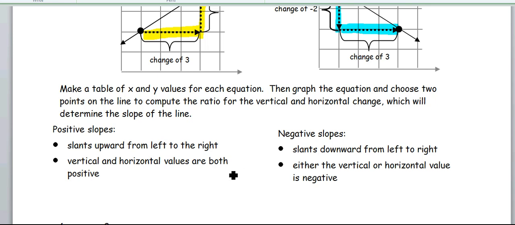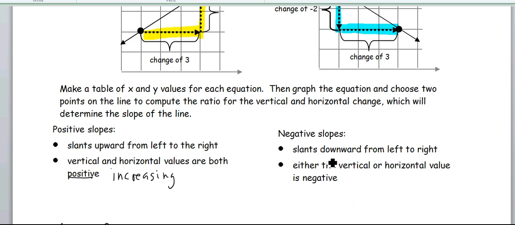Vertical and horizontal values are both positive. Well, I don't like positive. I would like you to just scratch that out and put increasing. Increasing. So they're both increasing. Because it is possible to have negative values for both across 2 points, but they're increasing.